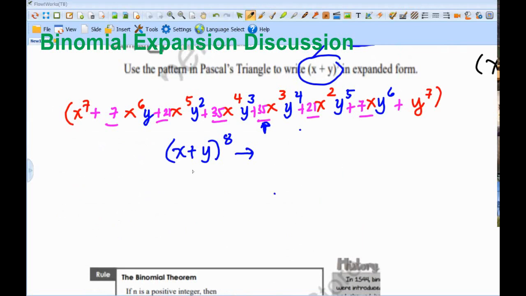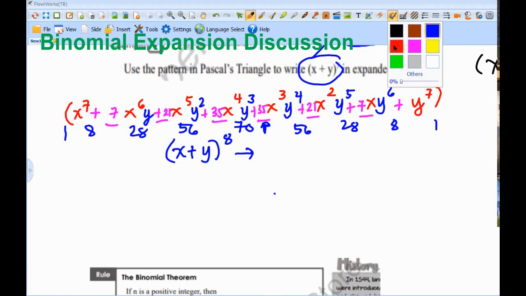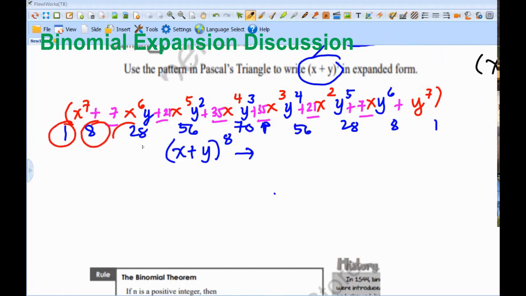This is x plus y to the power of 8. Let's start first here. So this is 1, 8, 28. 21 plus 35 will give you 56. Then 70, 56, then 28, then 8 and 1. You got this all? 1, 8, 28, 56, 70, 56, 28, 8, and 1.